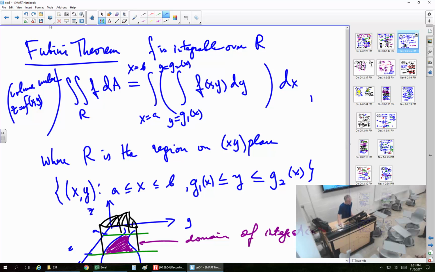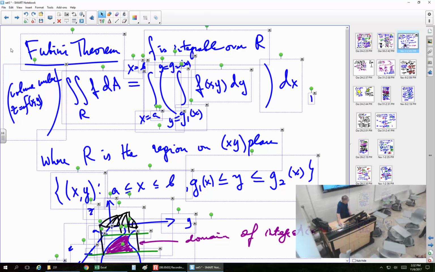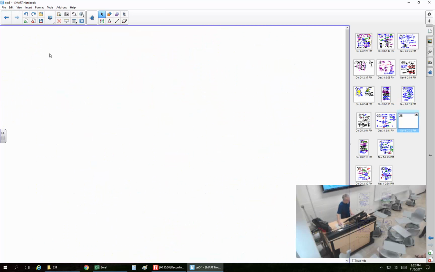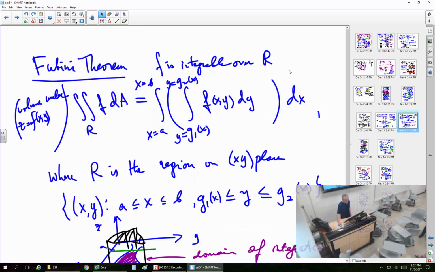So this was the integral over R. I didn't mention it, but it was in R2. And now we're moving on.